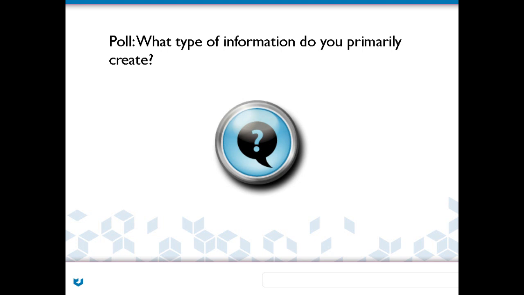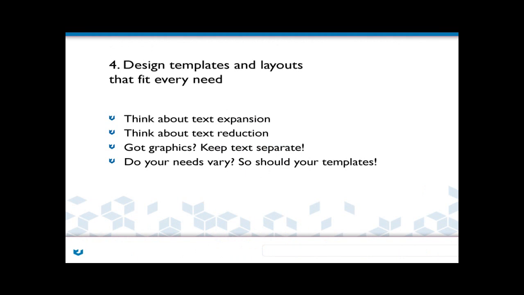I want to talk a little bit now about designing templates and layouts that fit every need. And there's a whole lot of examples that I could give here, but you have to think about the fact that your target translation may expand as far as text length goes, and it may reduce.